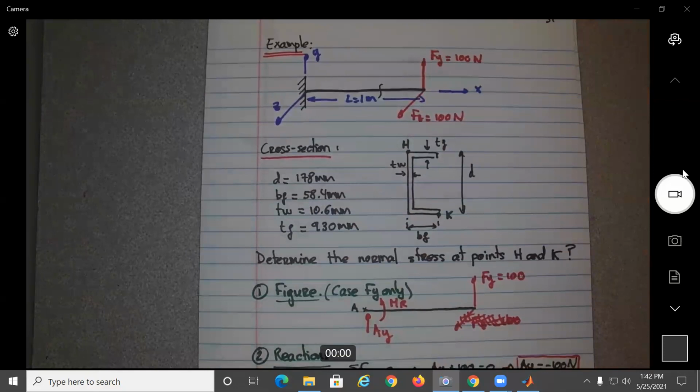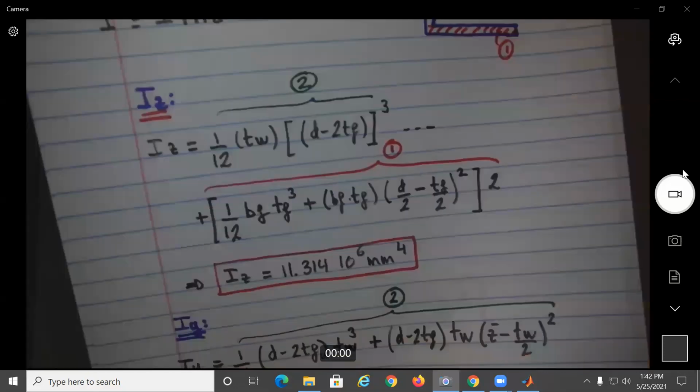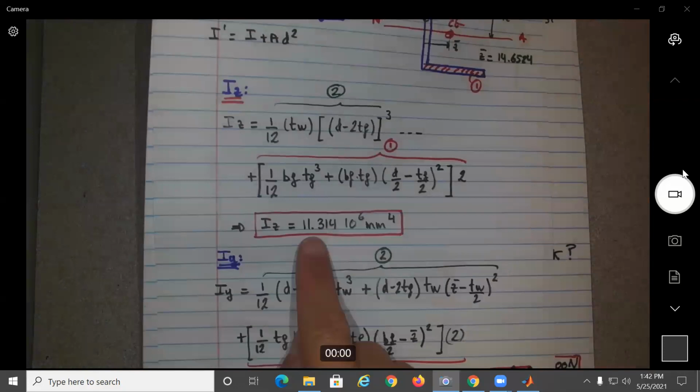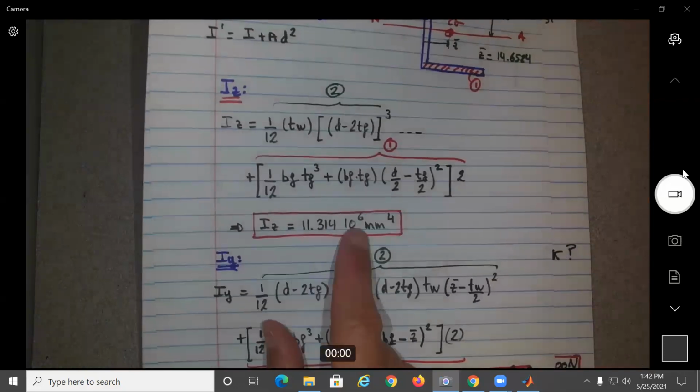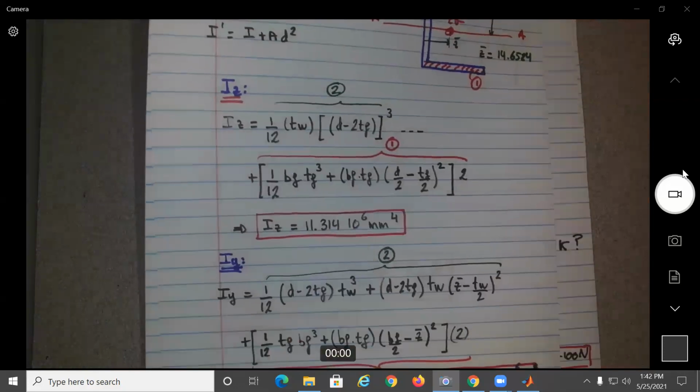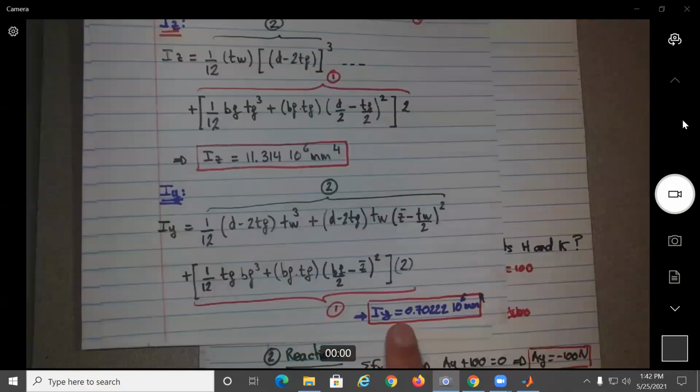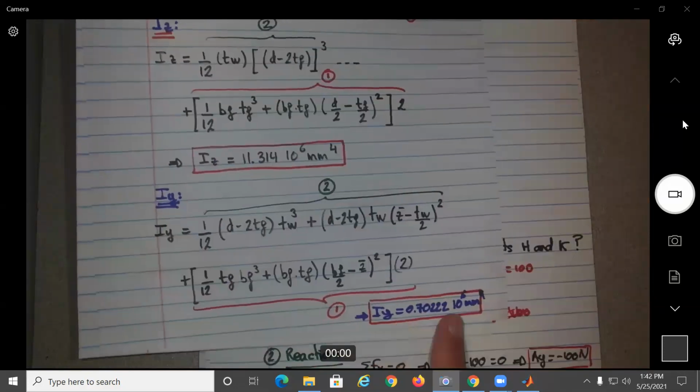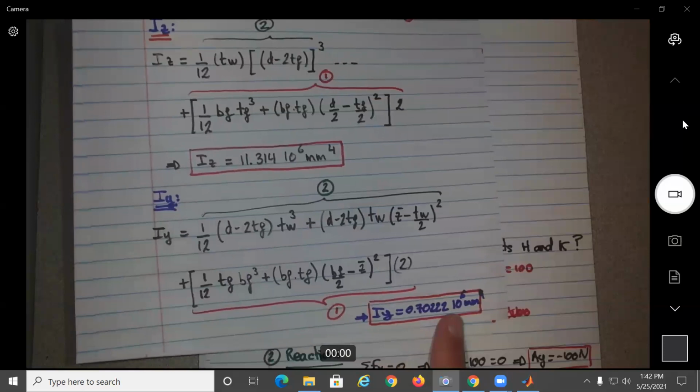We calculated last time the moment of inertia I of Z to be equal to 11.314 times 10 to the 6, and I of Y 0.7022 times 10 to the 6.